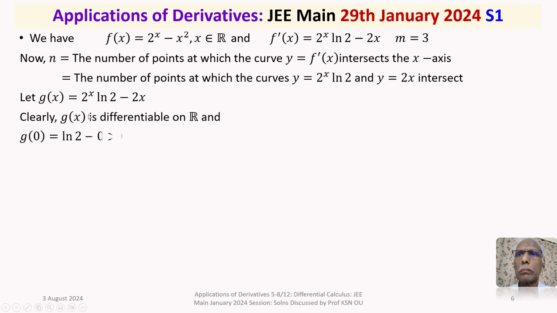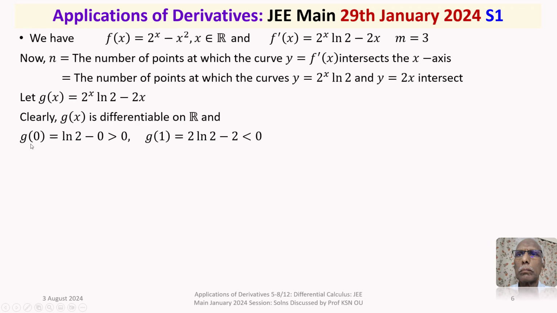And g of 0 is ln 2, which is positive. g of 1 is 2 ln 2 minus 2. ln 2 is, I think, 0.69, 2 times will be 1.38, something like that. Minus 2, that is negative.